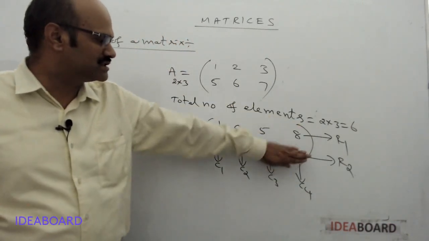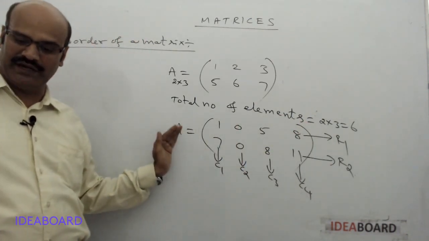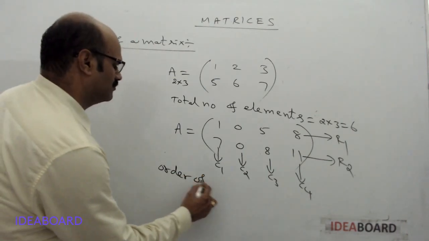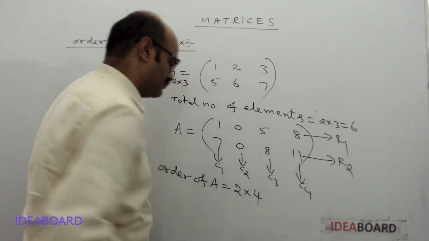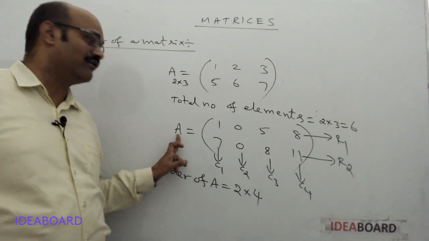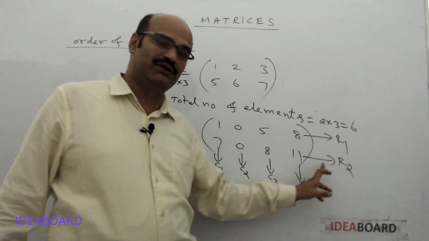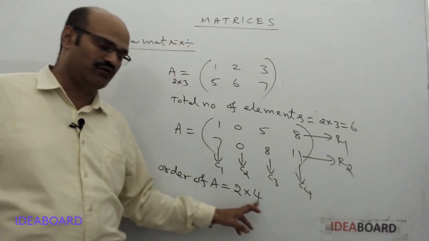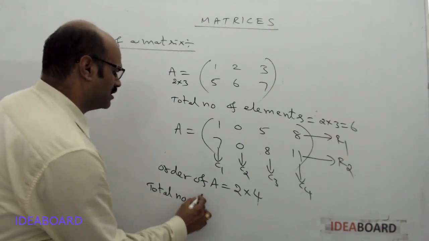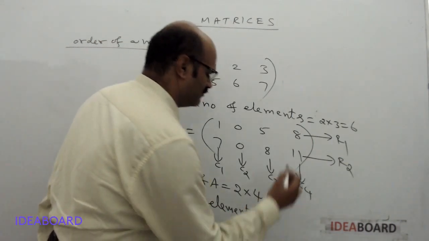Since we are having 2 rows and 4 columns, the order of A equal to 2 cross 4, 2 by 4. Now, the total number of elements in the matrix A equal to total number of rows into total number of columns, 2 into 4 equal to 8.